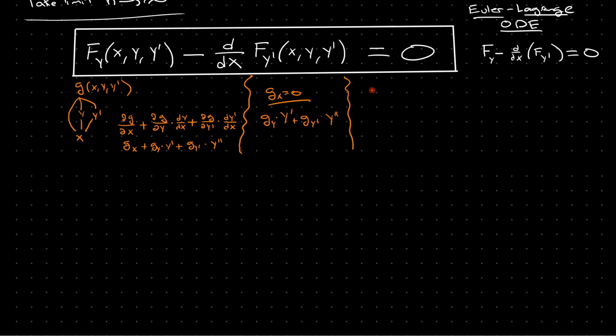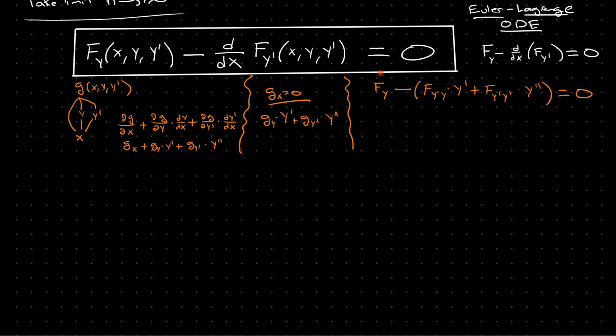So our Euler-Lagrange equation will become fy minus f_{y prime y}, which is the derivative of fy prime with respect to y, times y prime plus f_{y prime y prime} times y double prime equals 0.